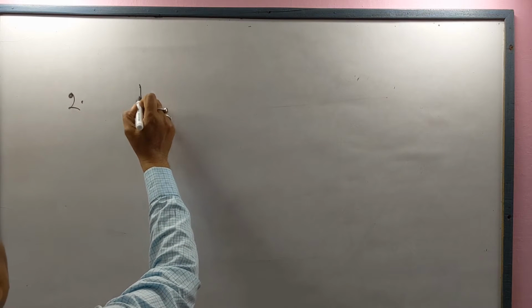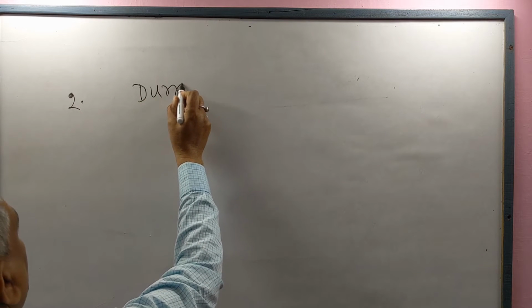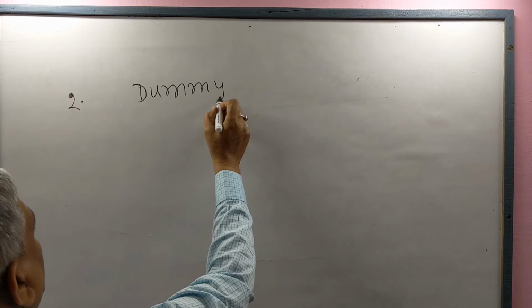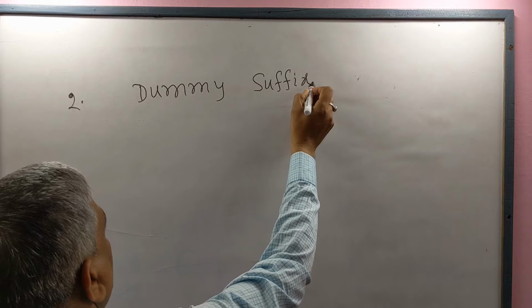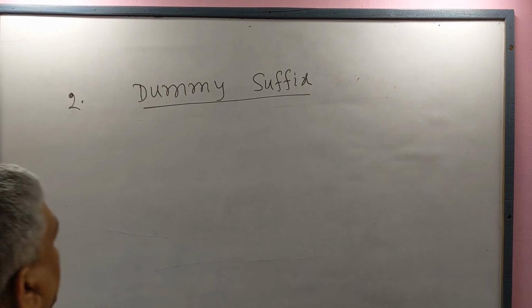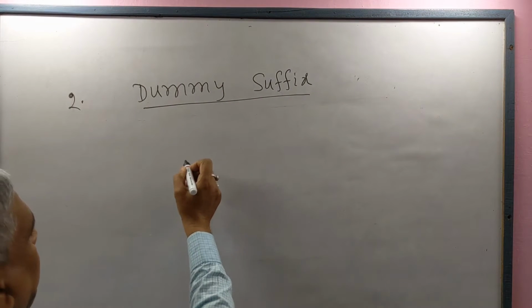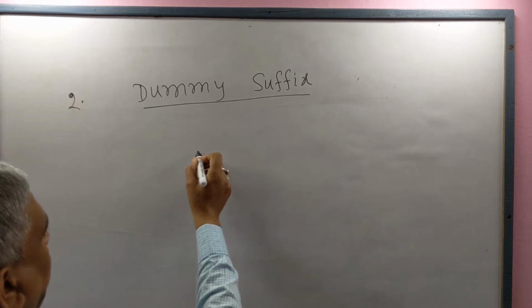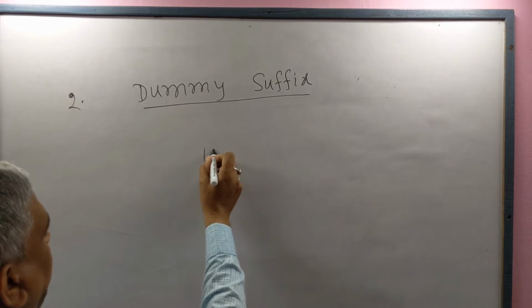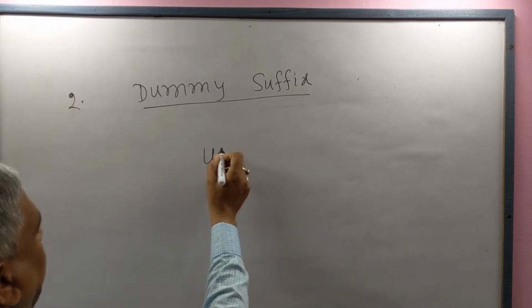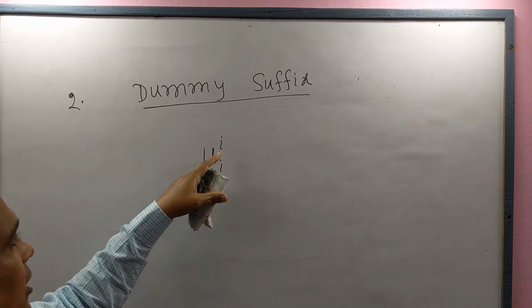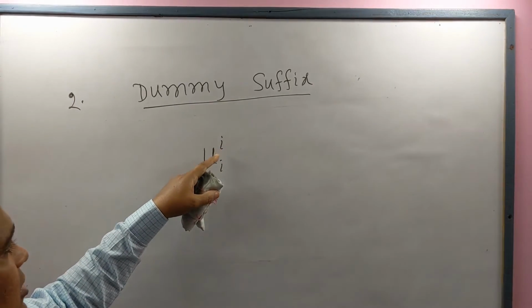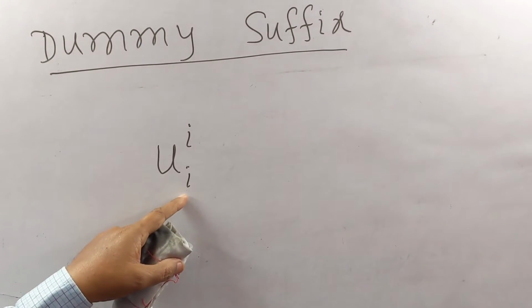Number 2. Dummy suffix. If a suffix, like in U_i^i, here i appears as a superscript and subscript.